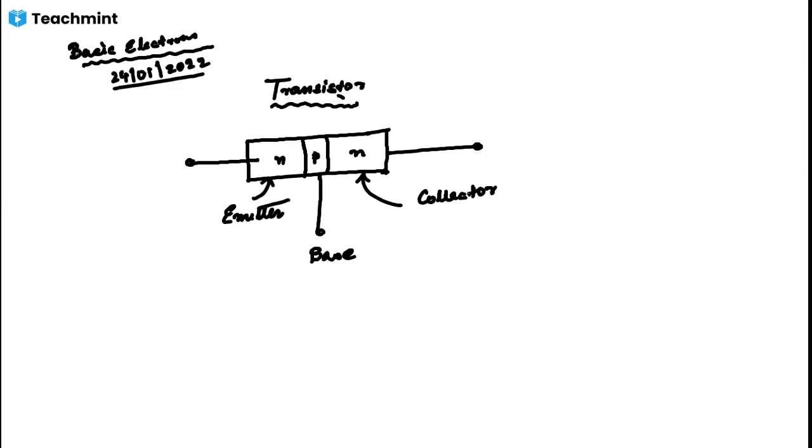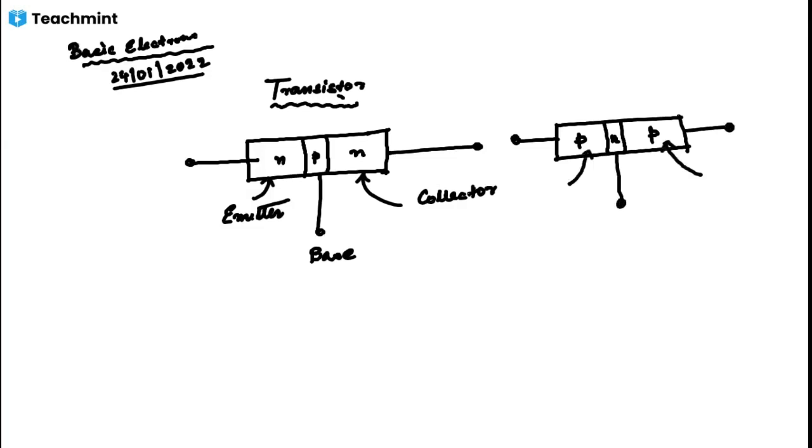Similarly, there is another transistor called PNP transistor. So this is P, this is N, and this is P. Here also it has three terminals. This is also emitter, this is also collector, and this is also base.